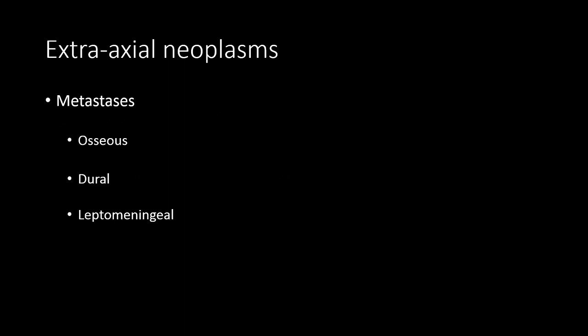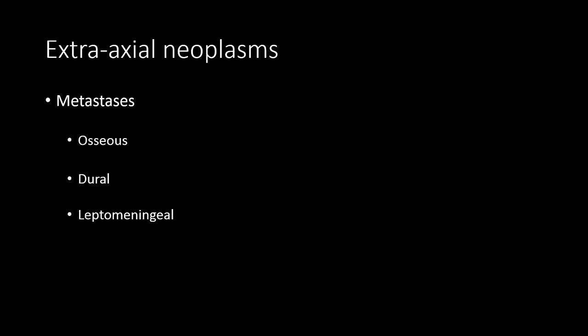Metastatic disease may also involve the intracranial extraaxial compartment. Metastases can involve the skull, the dura, or the leptomeninges. For skull or bony metastases, the most common primary neoplasms are lung, breast, prostate, or renal cancers.